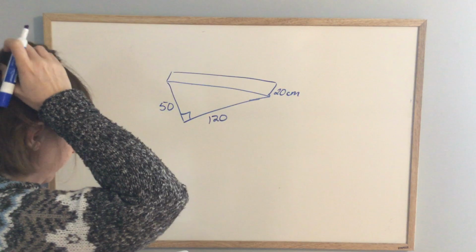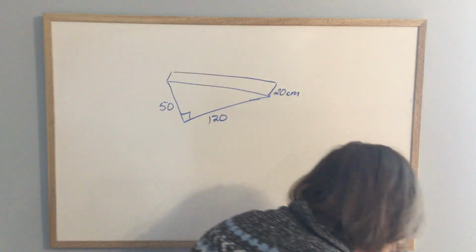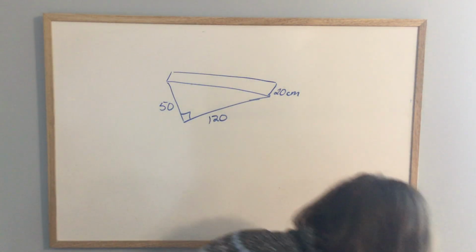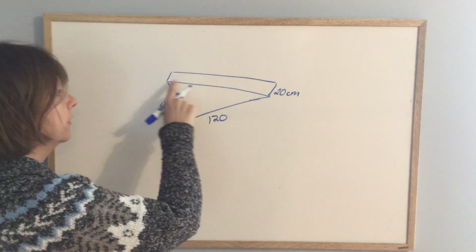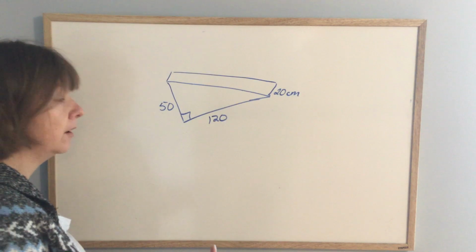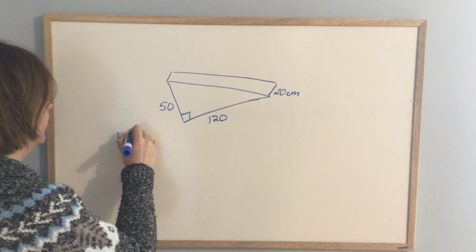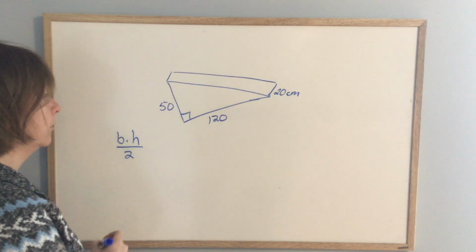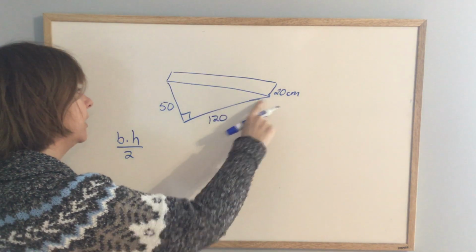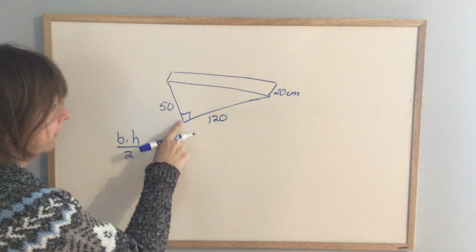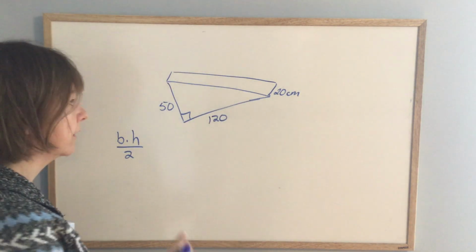Okay, so first off, if I'm going to do the surface area, this triangle is the bottom and the top. So base times height divided by 2 is the area of a triangle. Well, because it's a right angle, there's the base, there's the height. I don't care how you think about it.